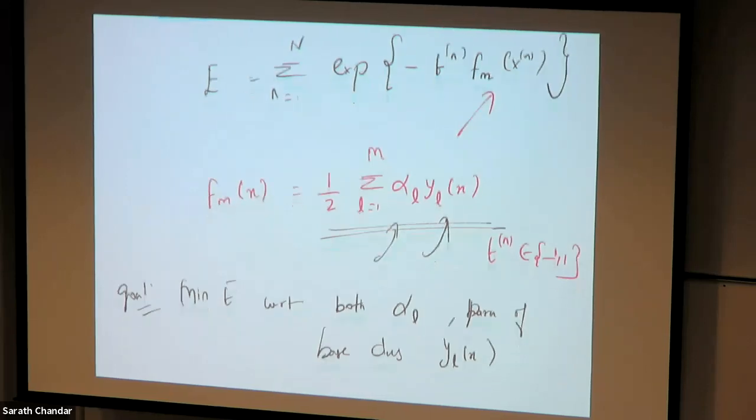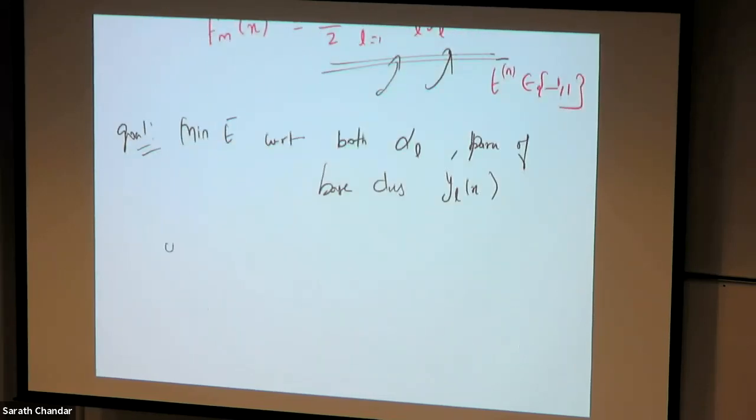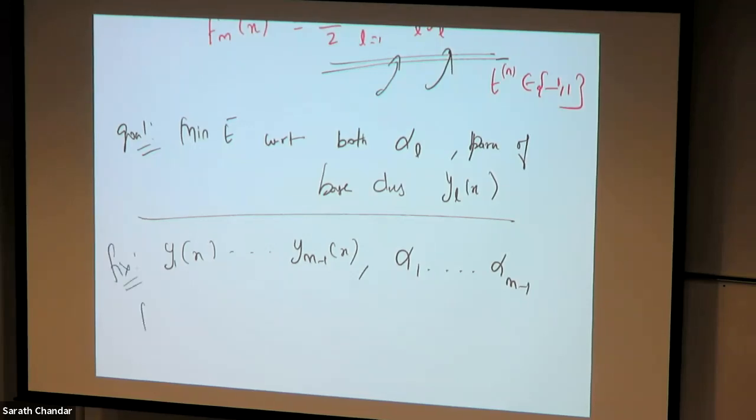So what we are doing is we are going to learn y_1 of x to y_{m-1} of x. Also, we are going to learn alpha_1 to alpha_{m-1}. After learning these, we fix them, and then learn alpha_m and y_m of x.